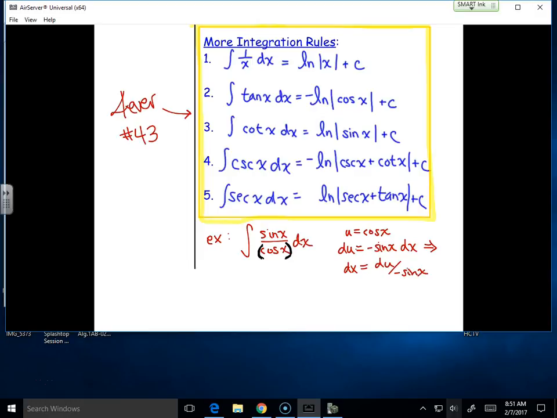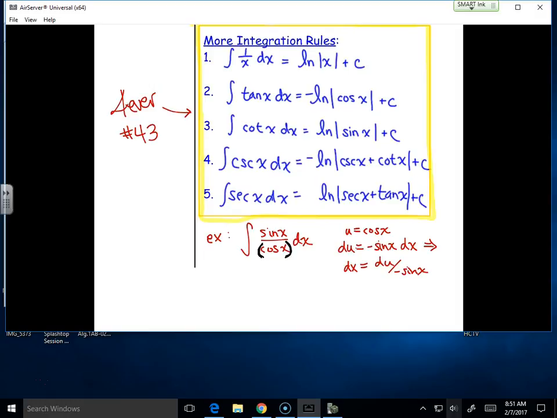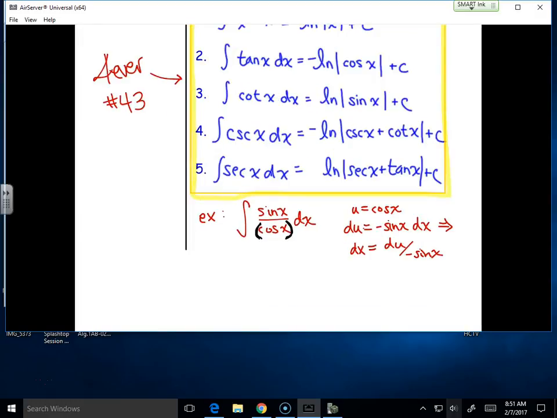Then the name of the game is plug it in, right? So we get the integral, sine, whatever, he's chilling, cosine, oh, he's our u. dx, oh, he's du over negative sine. What happens? Sines go away. The negative 1 comes out.